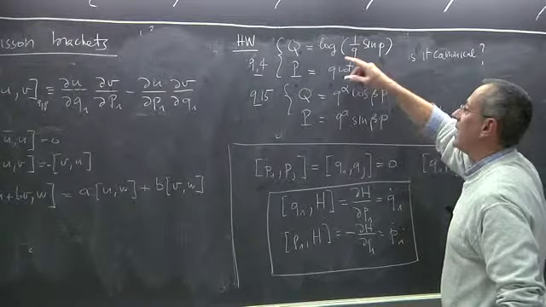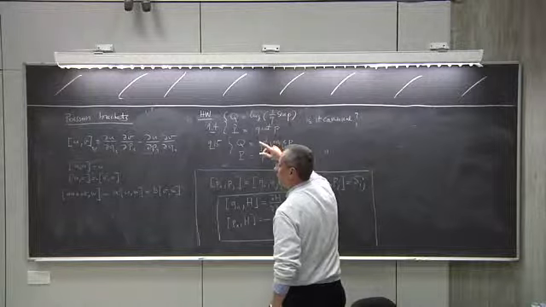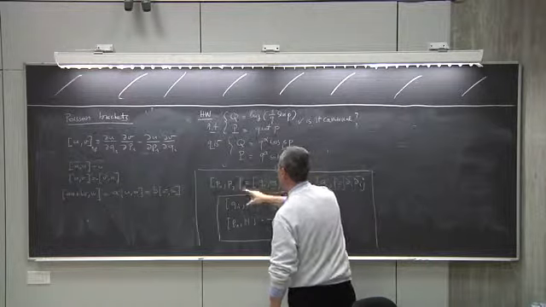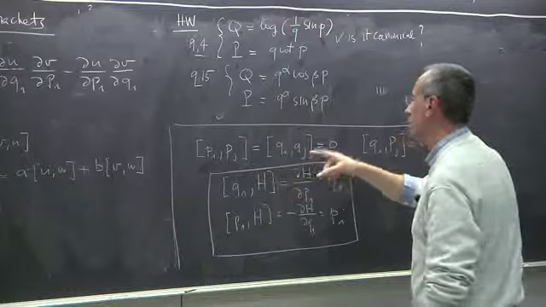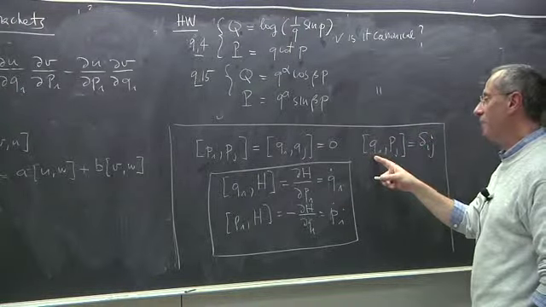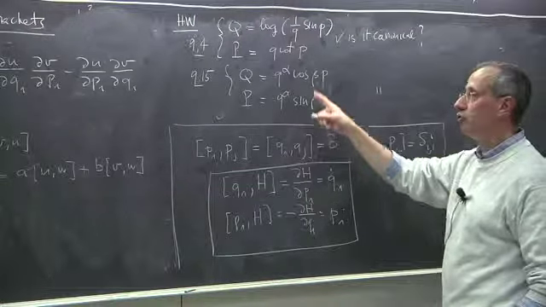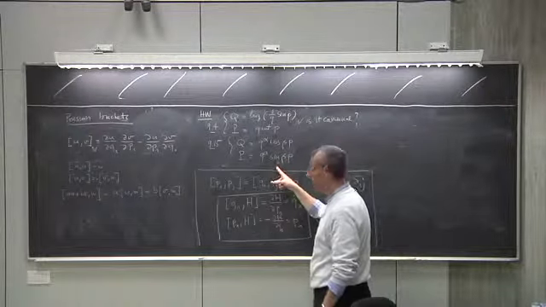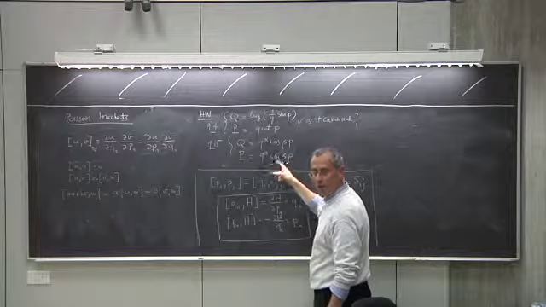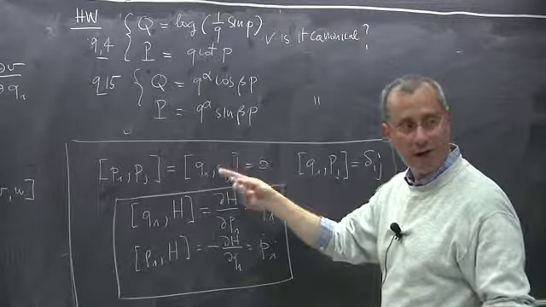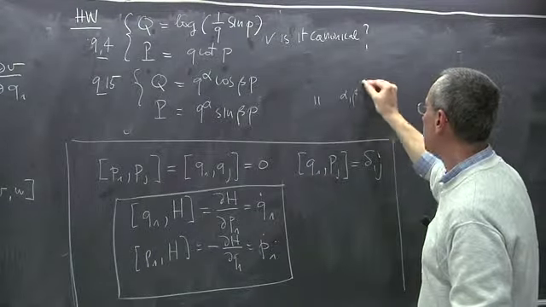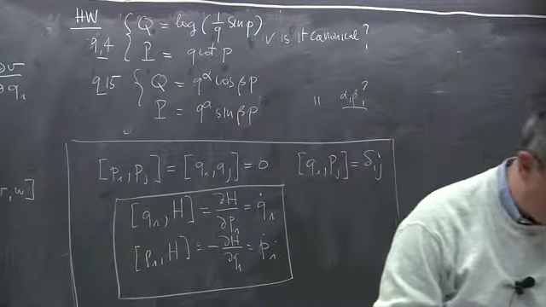So try to write the Hamiltonian and check that the Hamilton equations are preserved in the first case, and in the second case, implement the fundamental Poisson brackets and verify that if they are satisfied for little q and little p, they are also satisfied for the new ones. This is what you wanted. And of course, they are not going to be satisfied for any values of alpha and beta, so you will find some condition. They are satisfied only if alpha and beta equal some values. So on Monday, we will solve those two together.